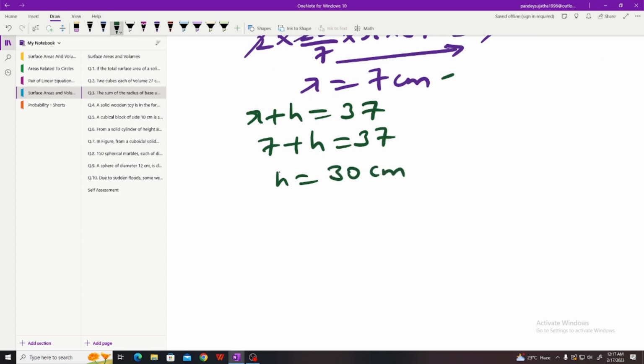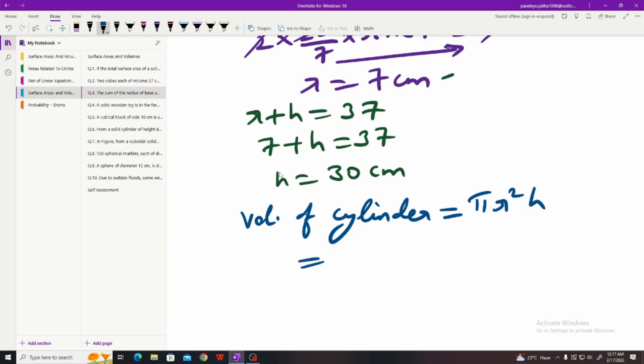So now you find the volume of cylinder. Volume of cylinder is equal to pi r square h, where pi is 22 upon 7 and radius we just found, that is 7 centimeter. So r square is 7 into 7 and height is 30.